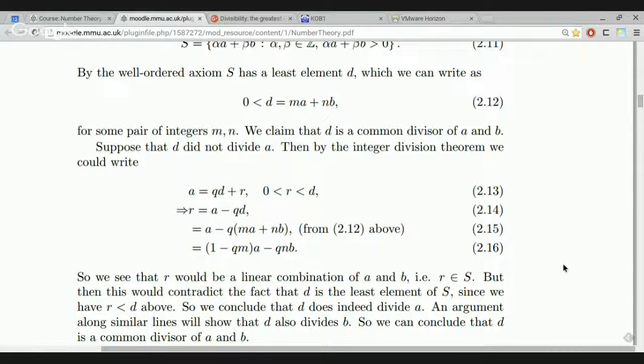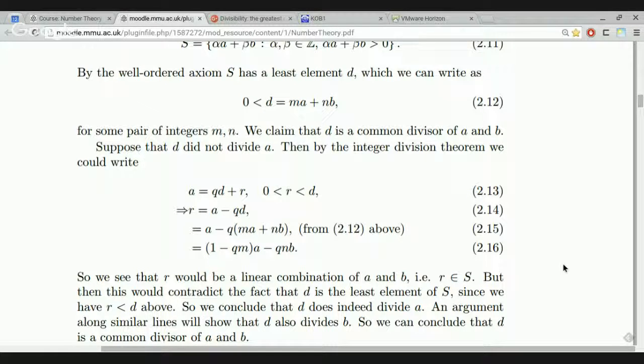So this is like a little proof by contradiction. We suppose that D does not divide A, but then we find that D is no longer the smallest element in S, which is a contradiction because it is. That's where we got it from. So the conclusion is that the assumption that led to that contradiction has to be false.